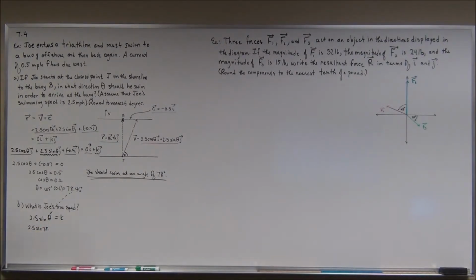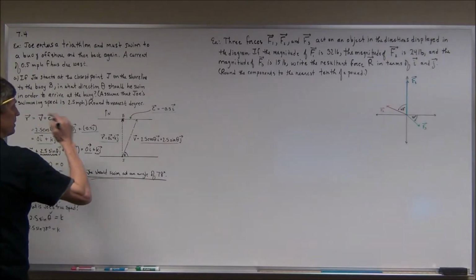I got to the nearest degree, so let's just go with 78 degrees here. I don't like doing intermediate rounding like this to get k. I think the first time I did this, I used the angle that was a little bit more specific so I could get a better read on this.